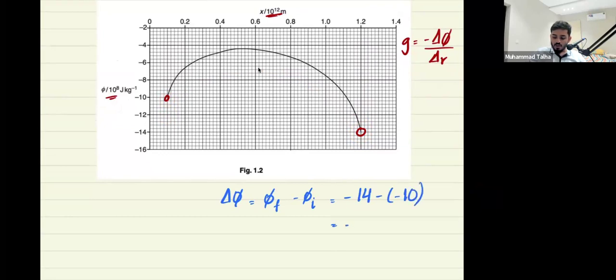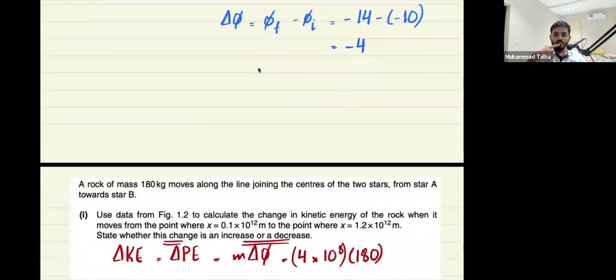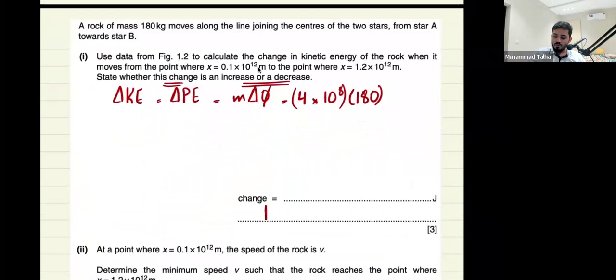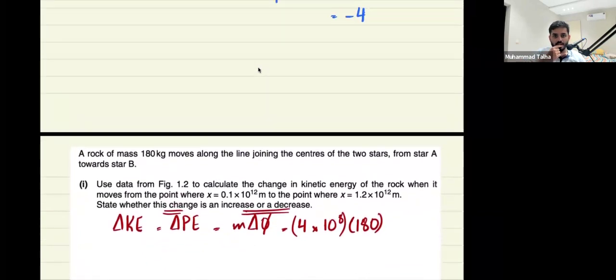This became -14 plus 10, which is -4. This is what I used, but I just wanted you to see the algebra behind it. So the gravitational potential has decreased, right? If the gravitational potential has decreased, this means the gravitational potential energy has also decreased. So this means that this change in kinetic energy would be an increase. That's the idea at play here.